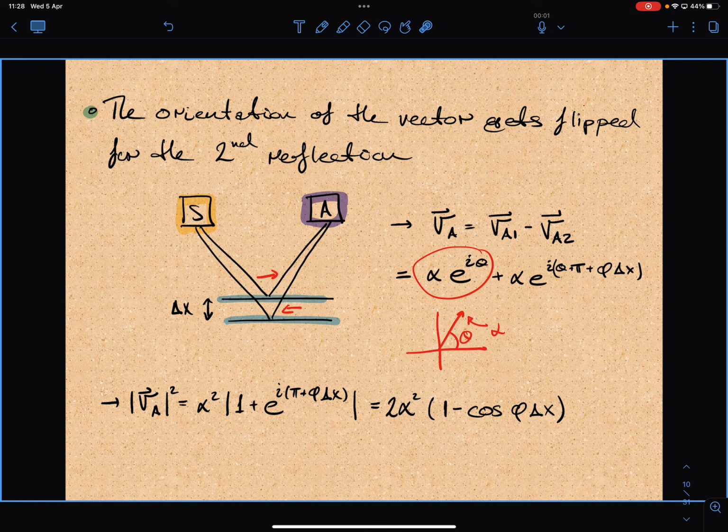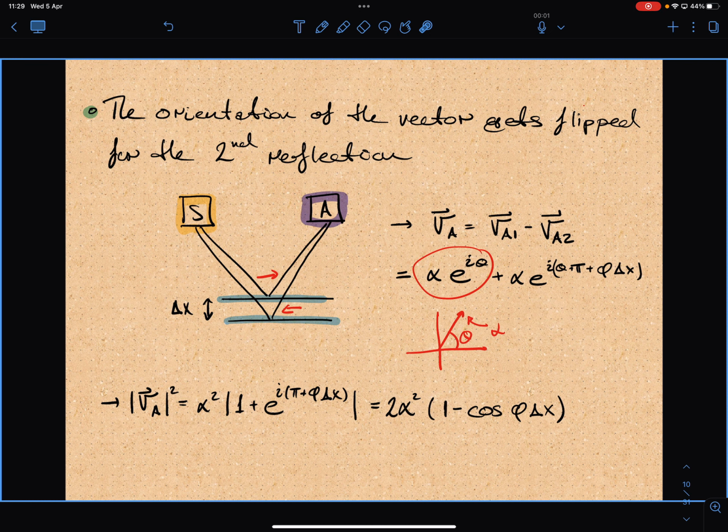So the goal again is to compute how much light we're going to detect, the reflection. The amount that we're going to measure is going to be the norm square of the vector. If we have two possible paths, this one and this one, then we have to take the norm square of this.